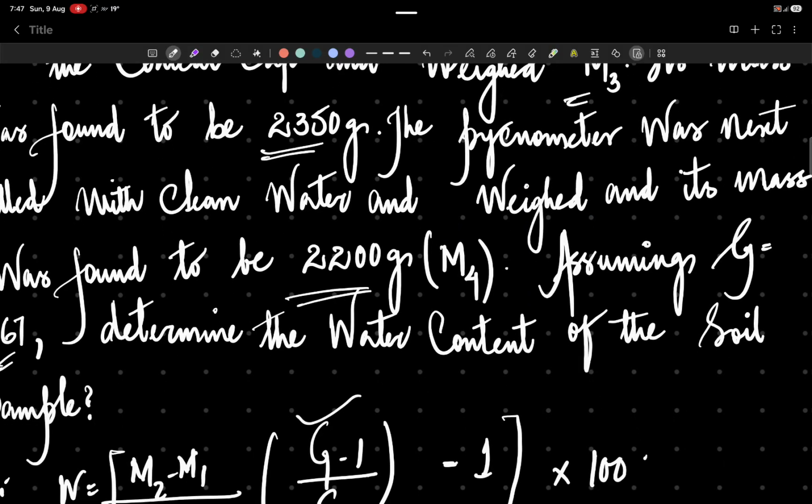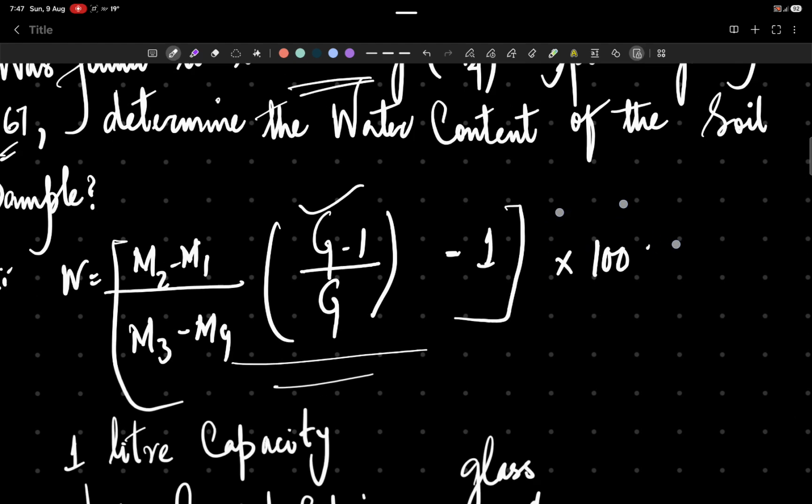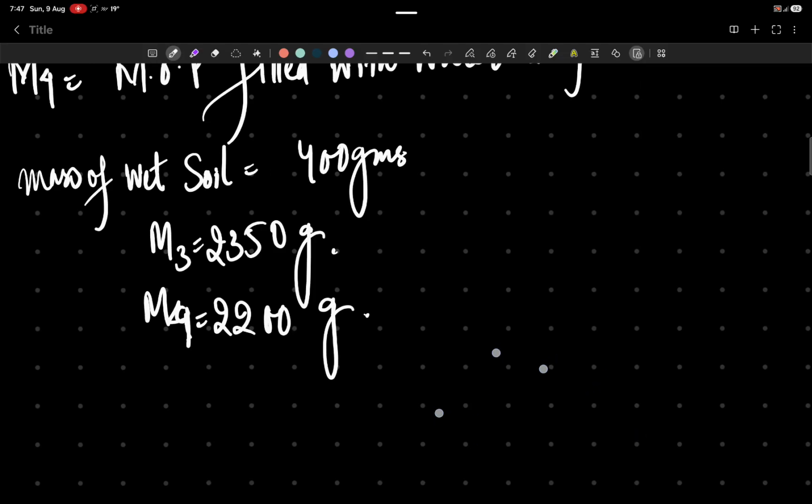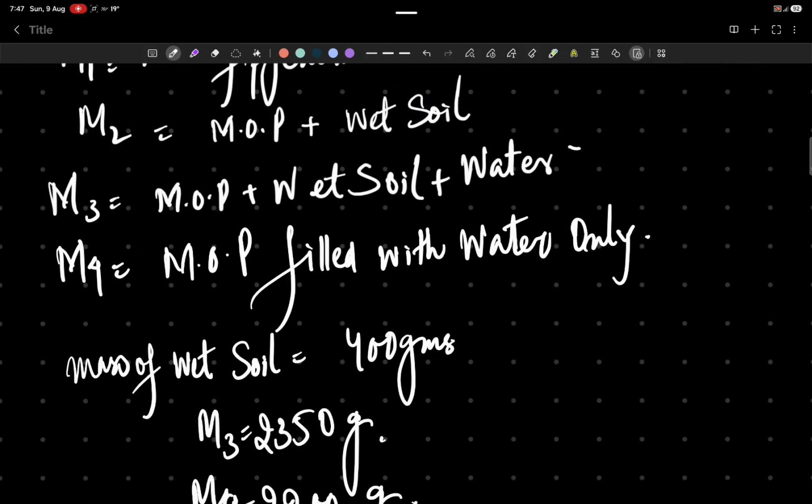That means M4, the mass of a picnometer filled with water only, is 2200 grams. So I'll be making use of the equation and will be arriving at the water content.